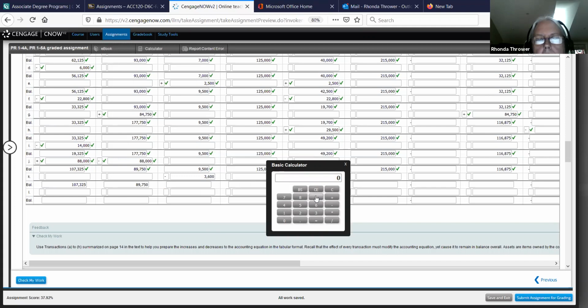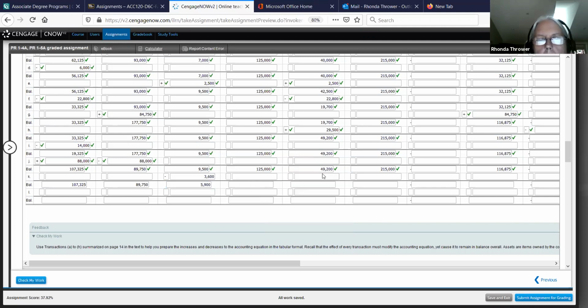We'll take 9,500, which was the balance in the supplies account before we took account of those supplies at the end of the period. What we had left over, what was remaining, is 5,900 in the supplies account. The rest of these we're just bringing down.